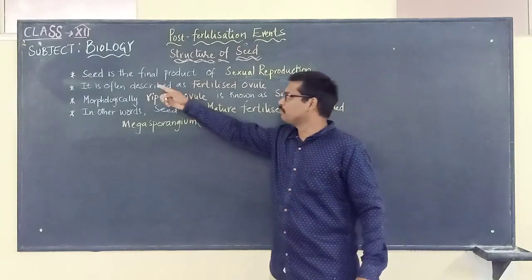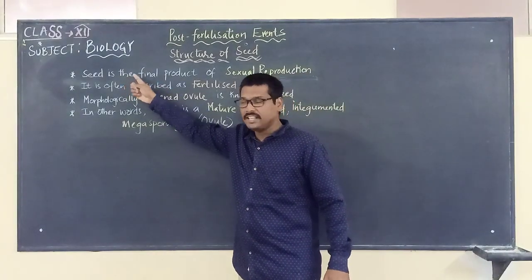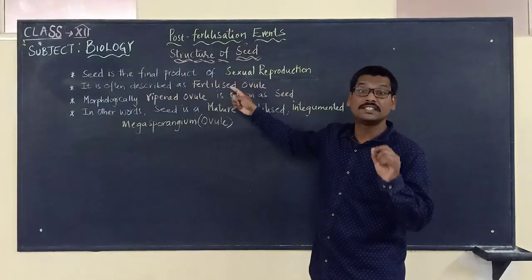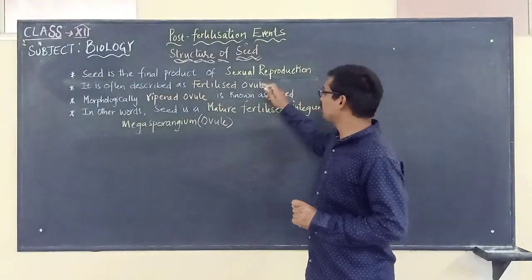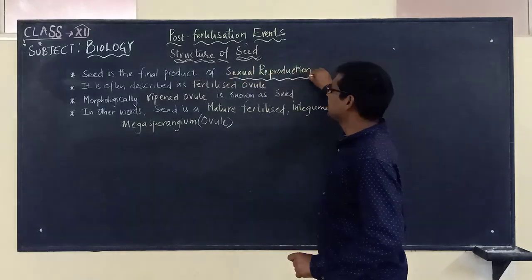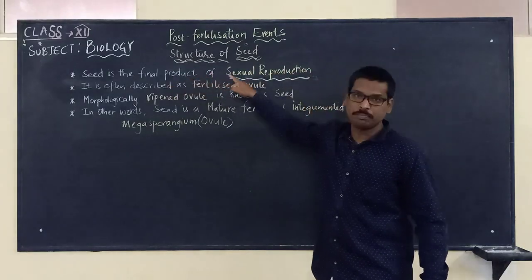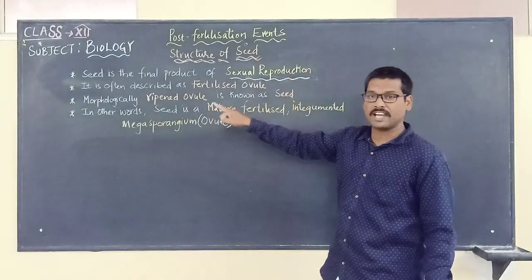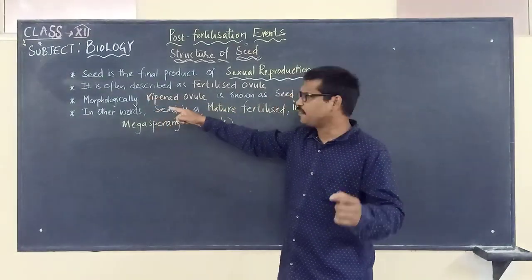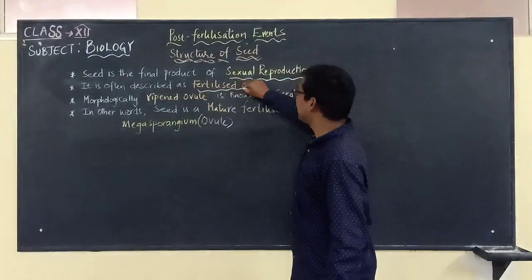Here we should remember that seed is the final product of sexual reproduction. What is the final product of sexual reproduction? It is the seed. And it is often described as the fertilized ovule.